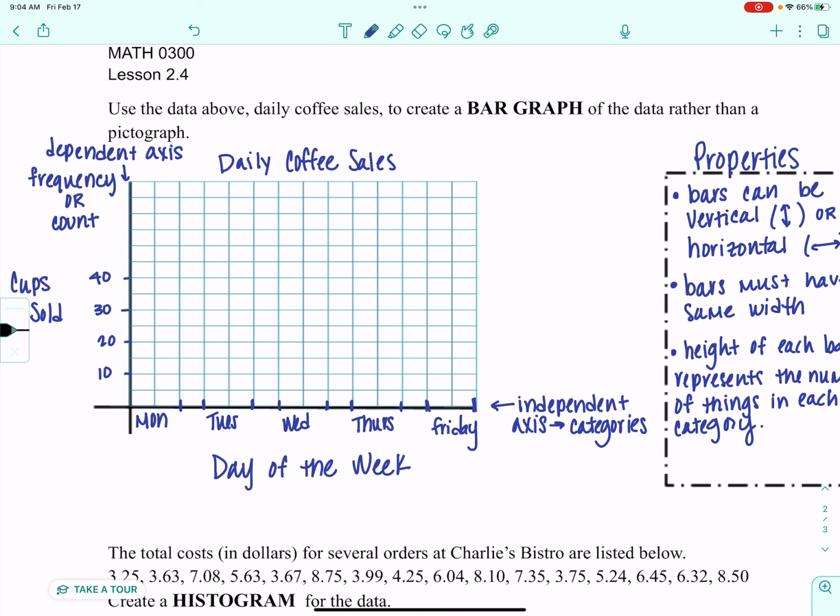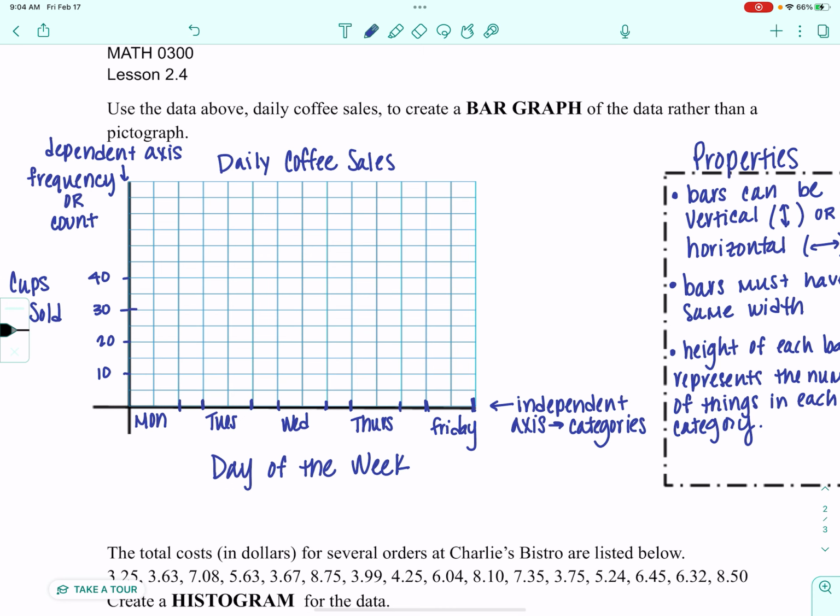So it looks like on Monday, he sold 30 cups of coffee. So I'm going to go up to the 30. And I am going to make a rectangle that is 30 units tall based on my scale.